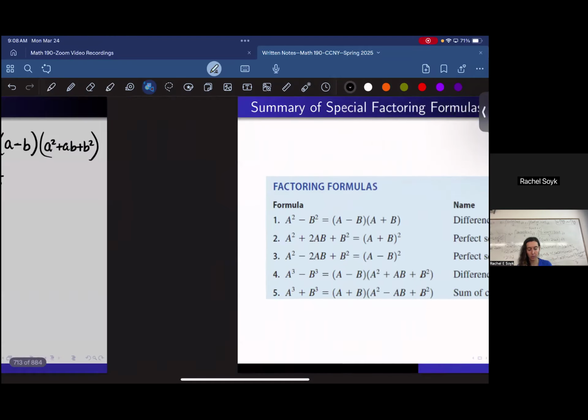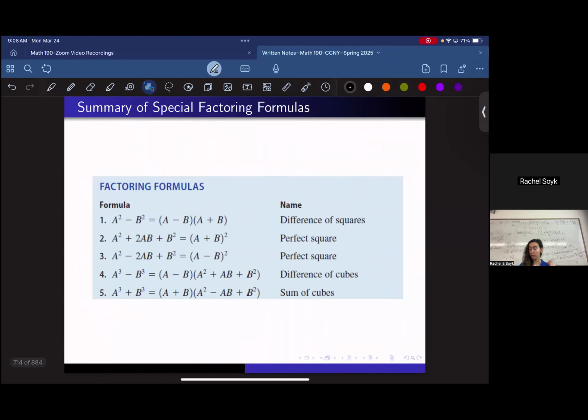All right. So this is just a summary of what was covered today. It was a lot. We went through our difference of squares, which is our whole a minus b, a plus b. And then we dove into our perfect square trinomials, whether we were dealing with a sum or a difference.